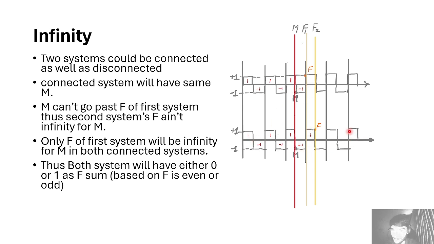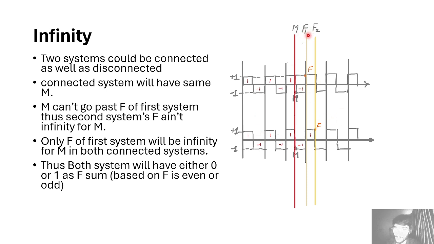So it doesn't matter where the F marker lies in the second wave, as long as the two systems are connected, the closest marker from both the waves will be considered the F marker for M, will be considered something called infinity with respect to M. And with that, both sums will be equal.